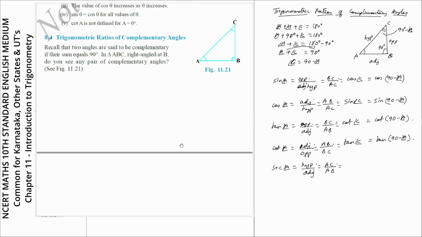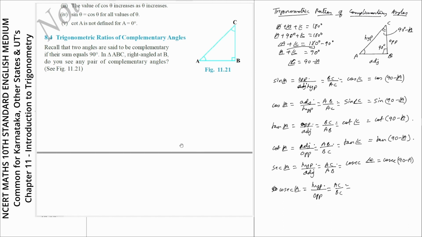But AC by AB is also equal to cosecant of angle C. So this is equal to cosecant of 90 minus angle A. Similarly, cosecant of angle A is hypotenuse by opposite, which is AC by BC.